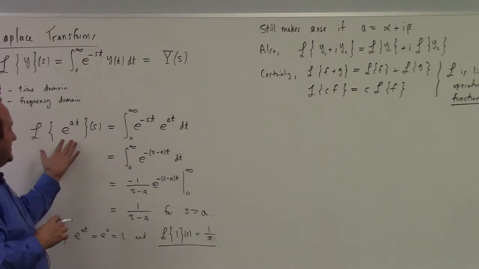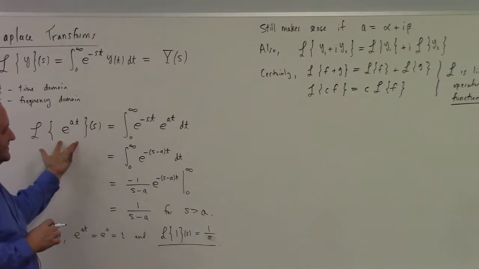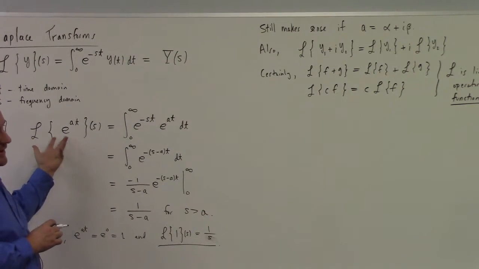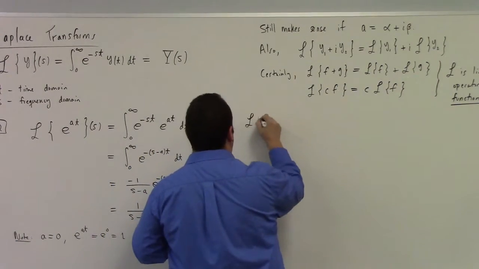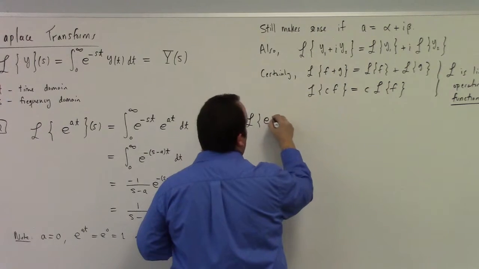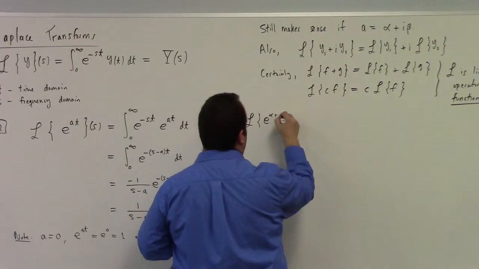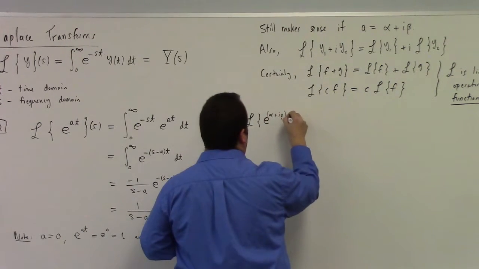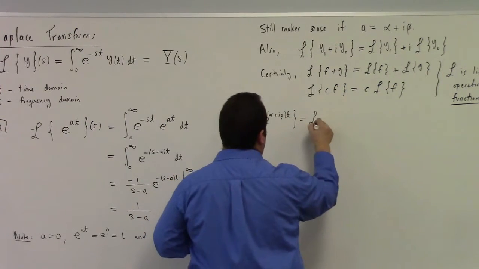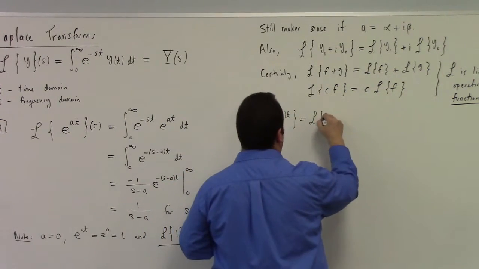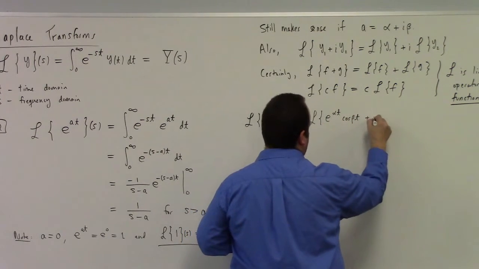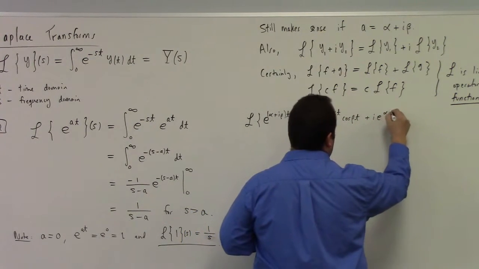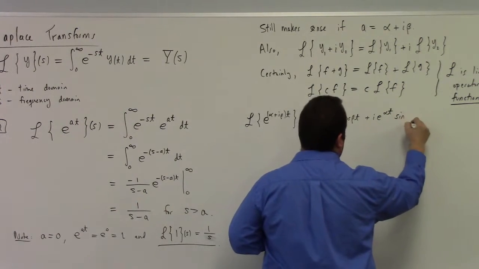This calculation still is legitimate when A is complex, all right? And so what happens, on the one hand, you've got the Laplace transform of e to the alpha plus I beta t. What is that? So that's the Laplace transform of e to the alpha t cosine beta t plus I e to the alpha t sine beta t.